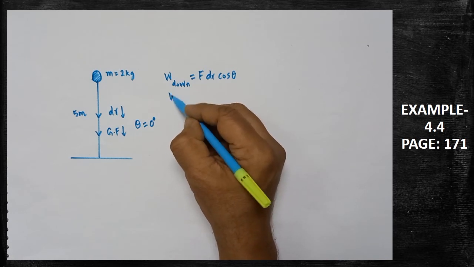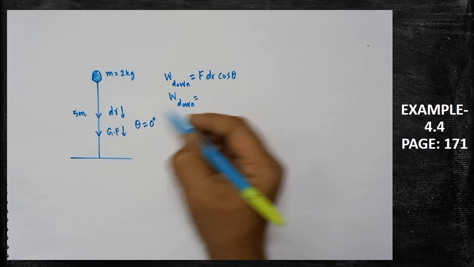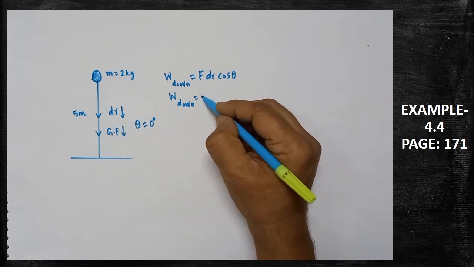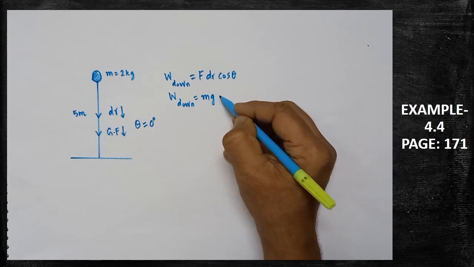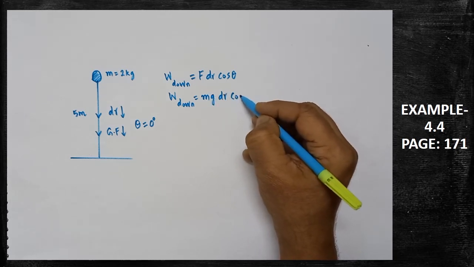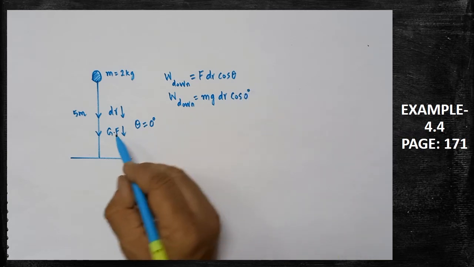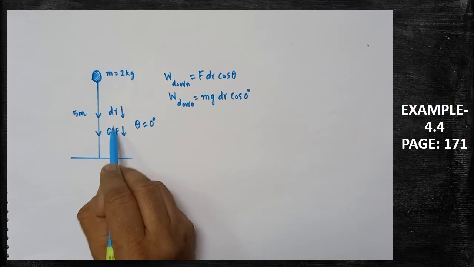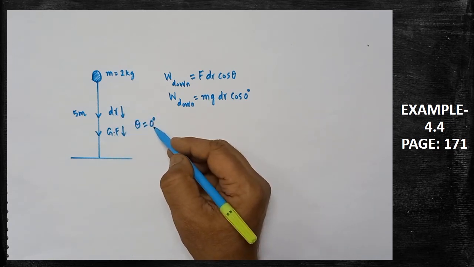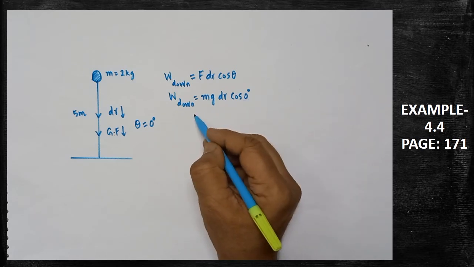Therefore, substitute the values in the formula. We already know that the nature of the force is gravitational force. Therefore, instead of F, we substitute mg, and then dr is the displacement. Instead of cos theta, cos 0 is substituted, because both are acting in the same direction, so theta is 0 between F and dr. Cos 0 value is 1.